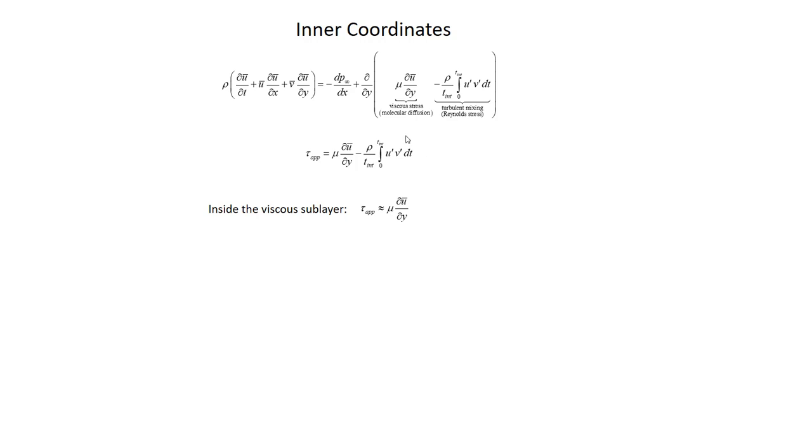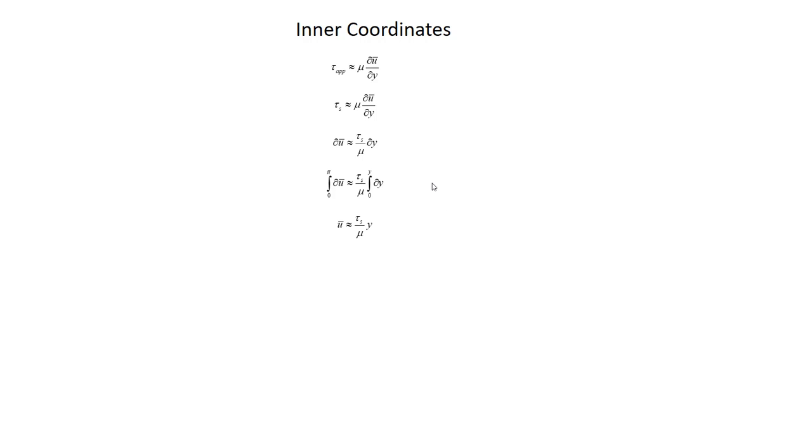And we said only this term is important. This time let's say, well, what happens if we stay inside of the viscous sublayer? Inside of the viscous sublayer, we would expect only this term to be important, because the turbulent eddies go away. That is what actually defines what a viscous sublayer is. So inside the viscous sublayer, we can just keep this first term, and we can see where that takes us.